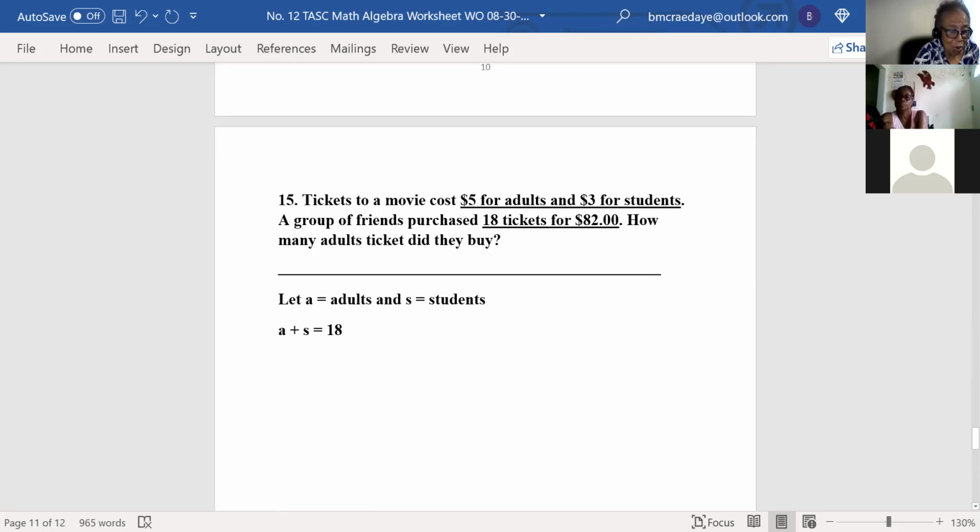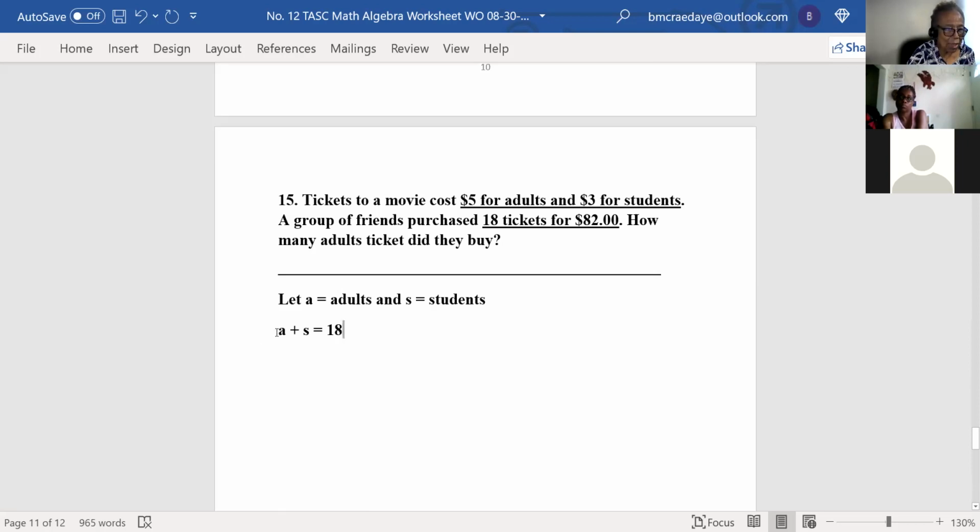Now we know the cost of the ticket. So what can we say with our cost? The cost of all the tickets is $82, but $5 for the adults and $3 for the students.